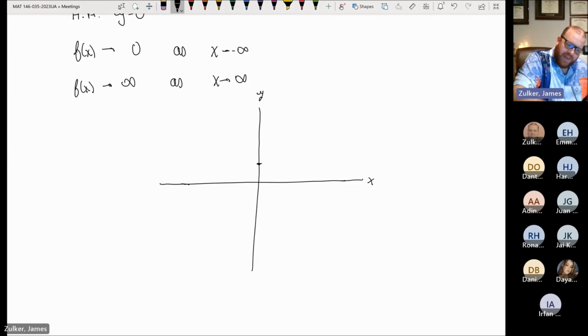All right, so let's say that is 1. There's negative 1. 2 to the minus 1 would be 1/2.